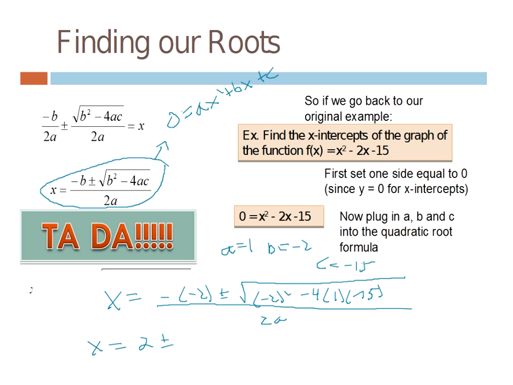And so x equals 2 plus or minus the square root of 4 plus 60 all over, well, this a value is a 1, so it's all over 2. And this means that x equals 2 plus or minus the square root of 64 all over 2.